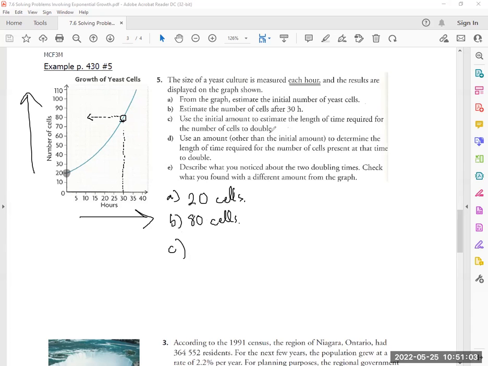Part C. Use the initial amount to estimate the length of time required for the number of cells to double. What does that mean? How much time does it take for the number of cells to double? Charlie?